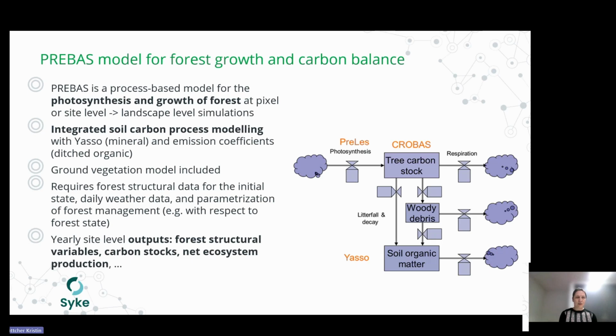It includes a ground vegetation model, and it requires forest structural data for initial state, daily weather data, and the parameterization of forest management. And what you get out of the modeling is yearly outputs of forest structural variables, carbon stocks, and net ecosystem production.